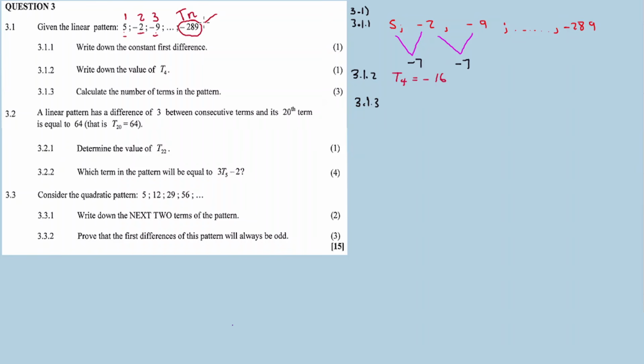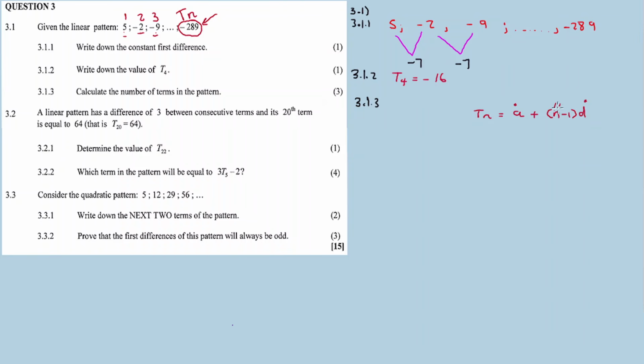So we want to calculate the position of the term minus 289. We use this formula: Tn equals A plus n minus 1 times D. This is the nth term for any linear pattern. So we must find A and D.